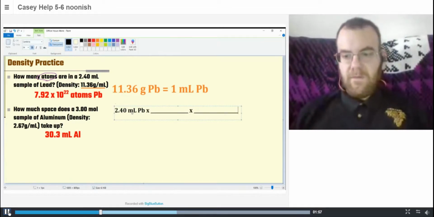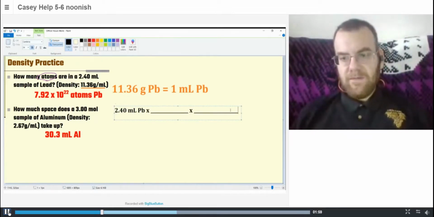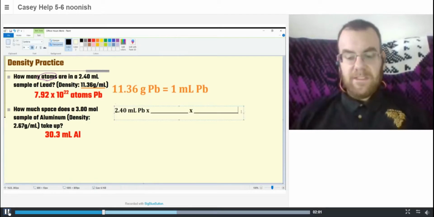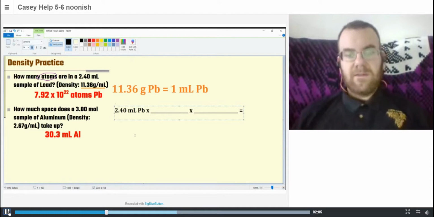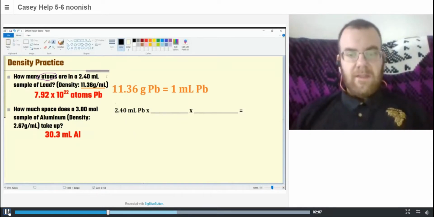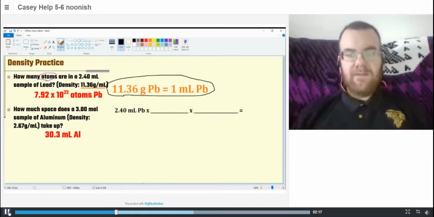Once you do this enough, you will start to see why that happens. The reason is we're not going to get just from density what we need. So we're going to have to do something else to it. And that's where this conversion comes into play, this idea that 11.36 grams of lead is 1 milliliter of lead. That's what we're going to be using right away.